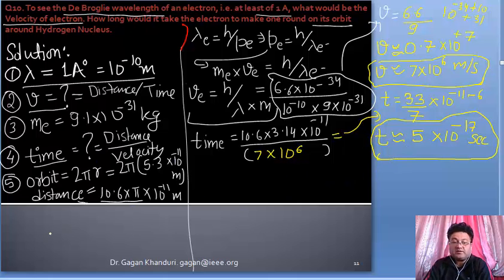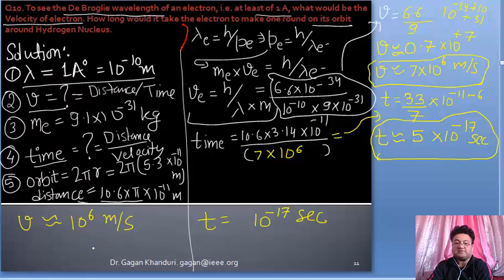So for an electron having a de Broglie wavelength of about 10 raised to power minus 10 meter, that is 1 angstrom, velocity is of the order of 10 raised to power 6 meter per second, and time for one revolution around its orbit is of the order of 10 to power minus 17 seconds.